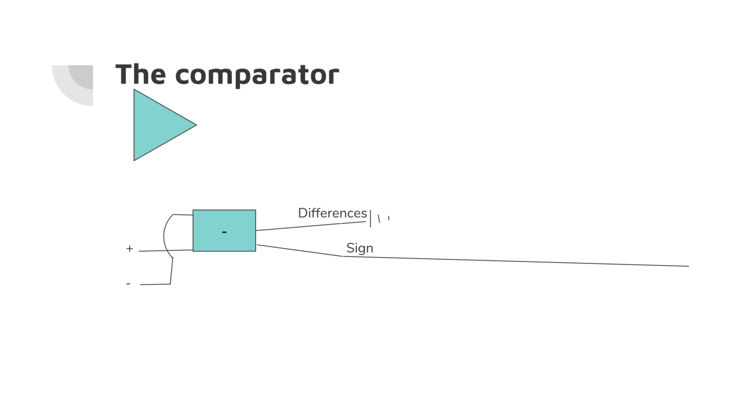You can see that the right part of a comparator symbol is a greater than symbol, and yeah, I just noticed that myself. So it takes a positive and a negative, and it subtracts the negative from the positive. All of those differences go away, and only the sign has to remain.